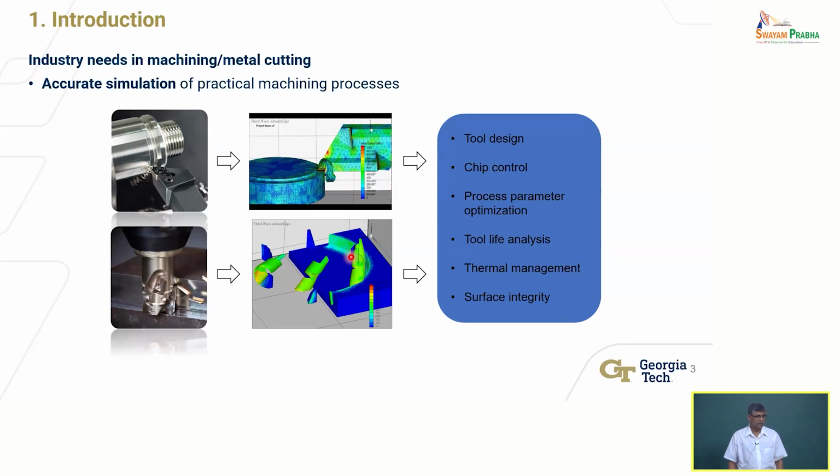Thermal management, this is important because of multiple reasons. One is that temperature affects tool wear. That's one reason. But the other reason also is that you don't want to have too much heat going into the workpiece, which will damage the part itself, microstructurally alter it, or dimensionally alter it, whatever the case may be.